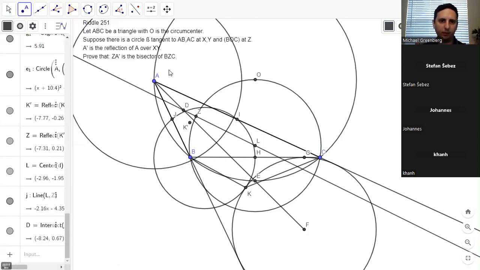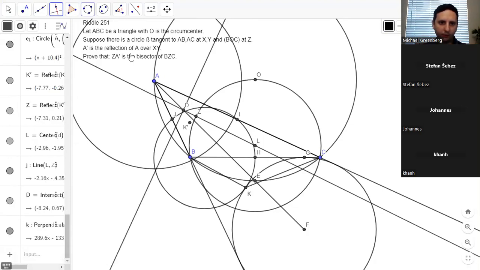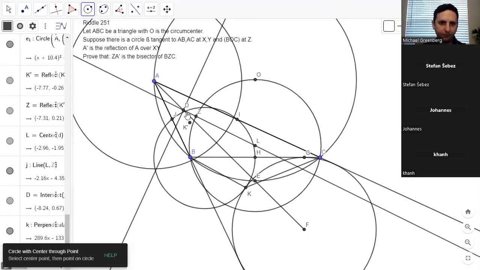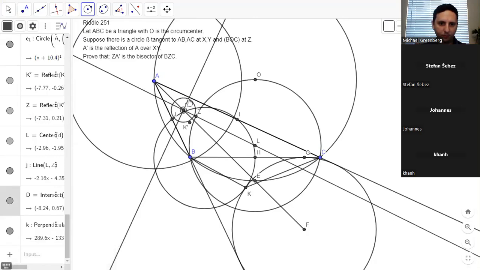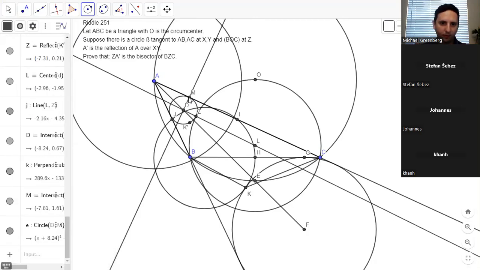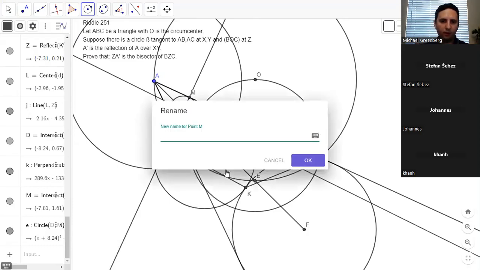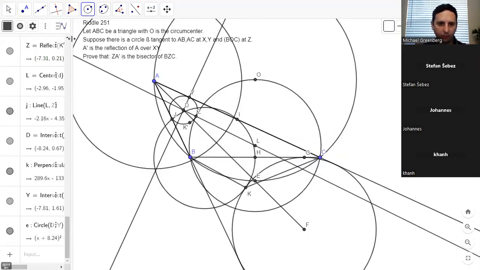So D would be the center of it. And then I could draw that perpendicular, and then I could draw that circle. All right, and then this would be Y, and the other one would be X.